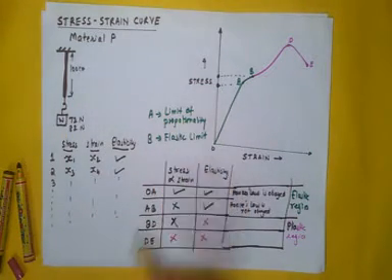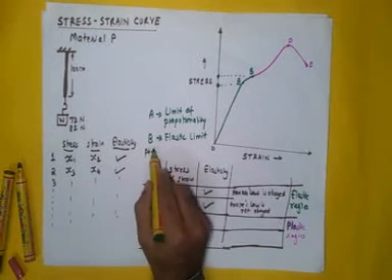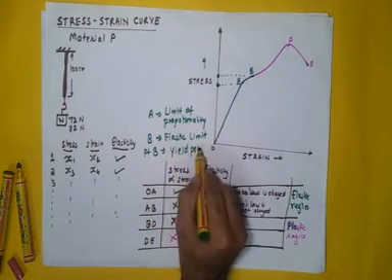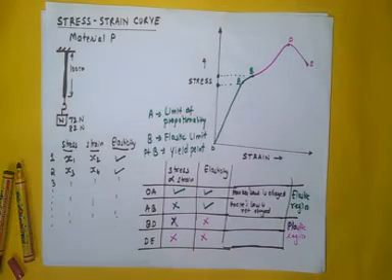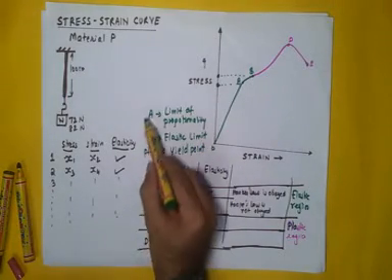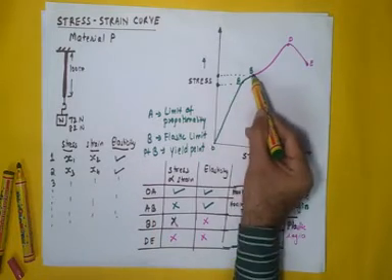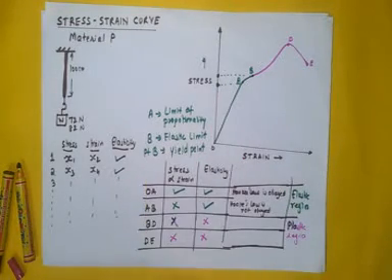So these are the two terms that we have introduced. And point B is known as the yield point, because after point B, elasticity is not displayed. Please note that A and B here are not the points. This is the stress connected to point A, stress connected to point B, whereas this is point B. The point B itself is known as the yield point.